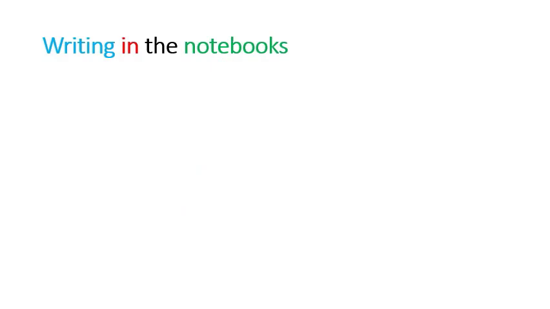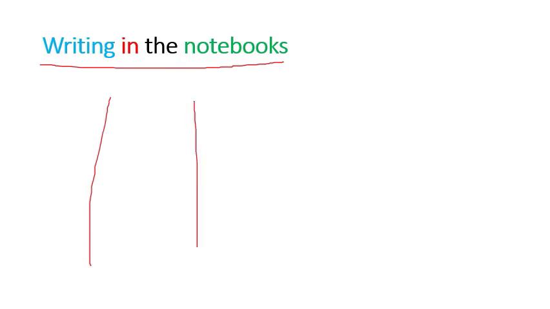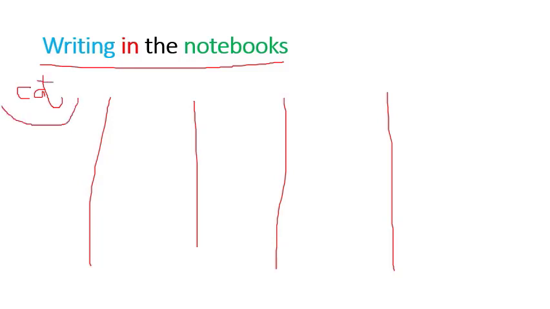Okay. The same goes for writing in the notebooks. Most of you write columns, like for grades 1 to 3. They write columns and they say, for example, they write cat. Also, they write in red. So also never write in red.